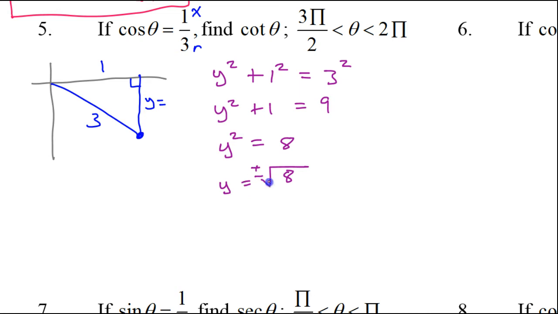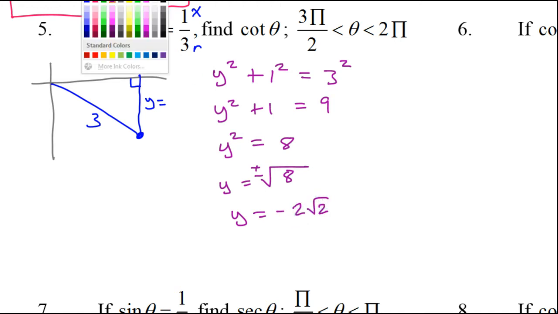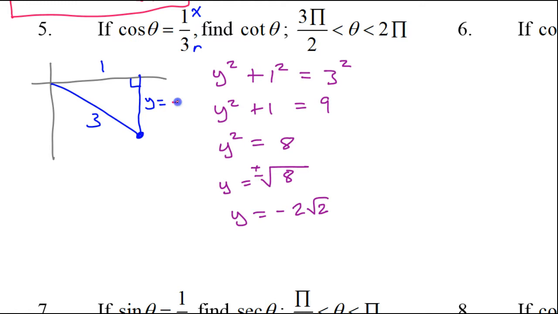And normally we would say plus or minus. But this time we know it's going to be minus. So y is going to equal negative. 8 is 4 times 2. So this will be 2 radical 2. So that's my y value, negative 2 radical 2.